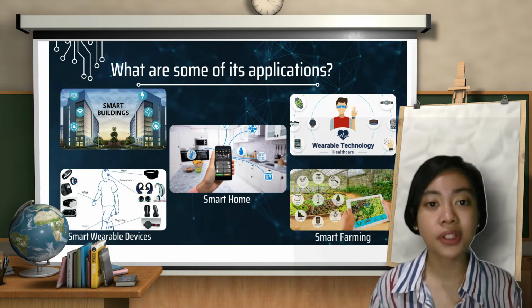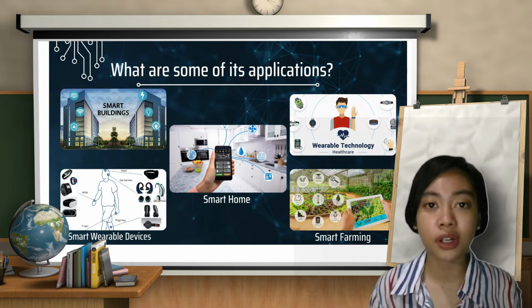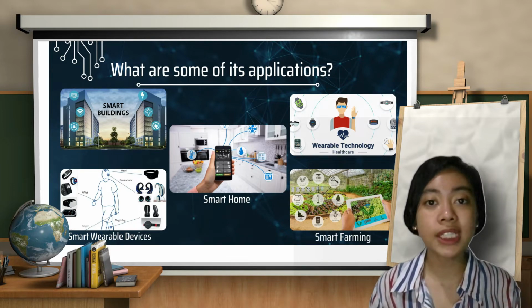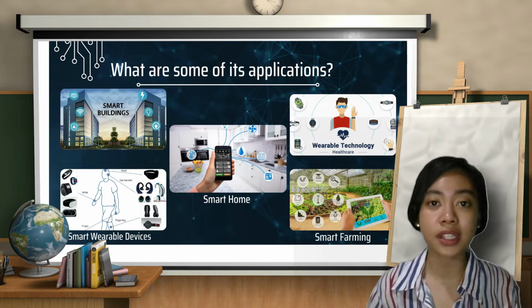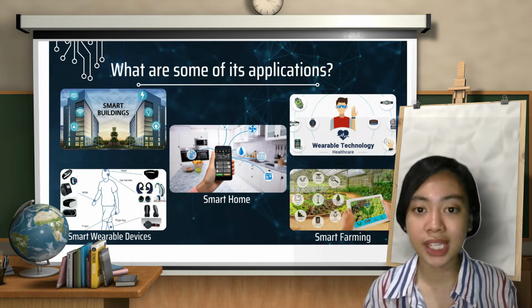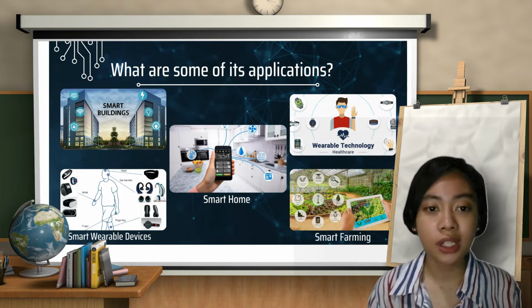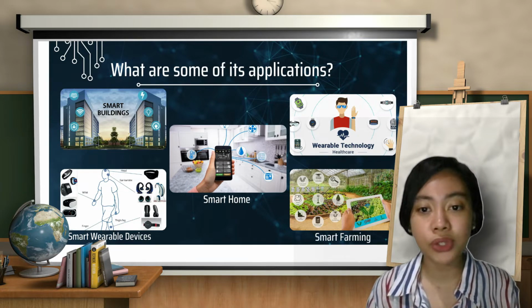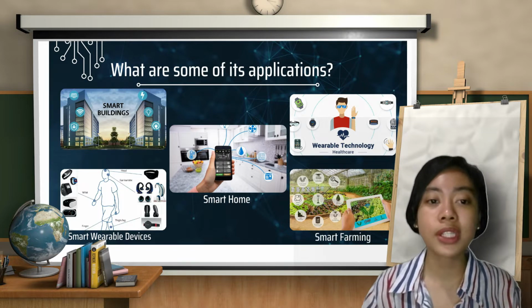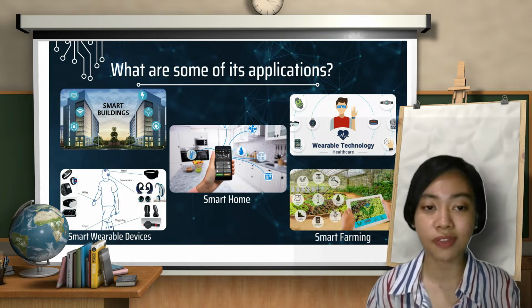For example, turning the air conditioner on if sensors detect a full conference room, or turning the heat down if the office is empty. Lastly, smart farming systems can help monitor, for instance, light, temperature, humidity, and soil moisture of crop fields using connected sensors that can be controlled using a single device.